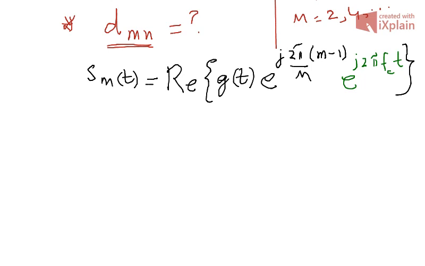So this is our signal, Sm of t. We can represent Sm of t as the real of this waveform.